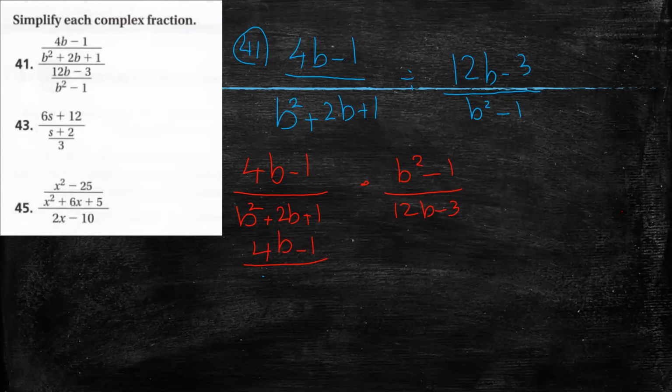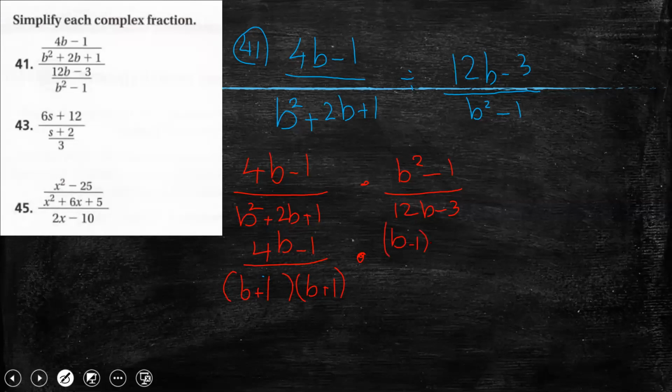Yes, factorize it into brackets. It will be b plus 1 and b plus 1. Now b squared minus 1, how can you simplify it? b minus 1, b plus 1. Bravo, b minus 1 and b plus 1.